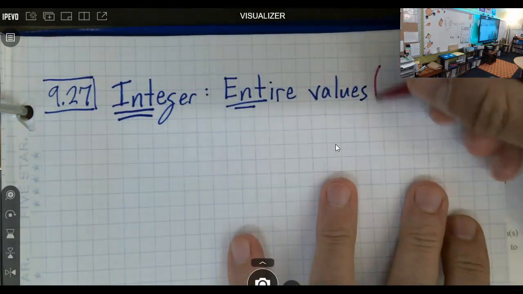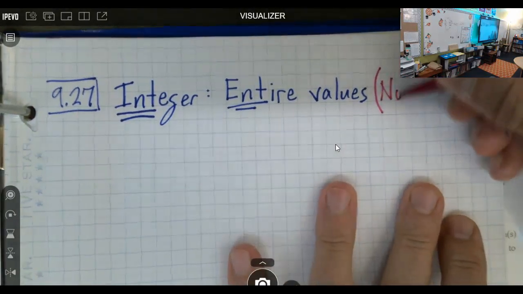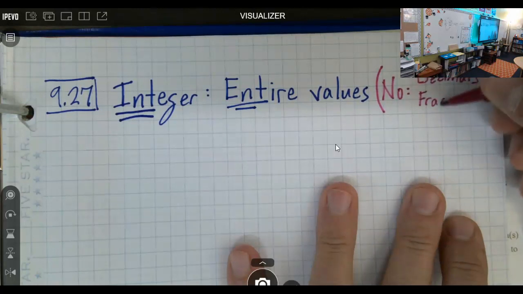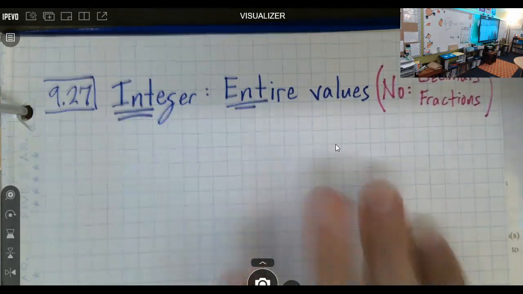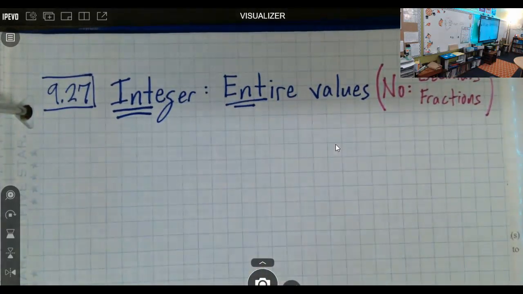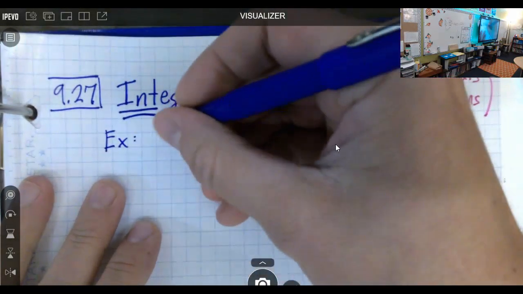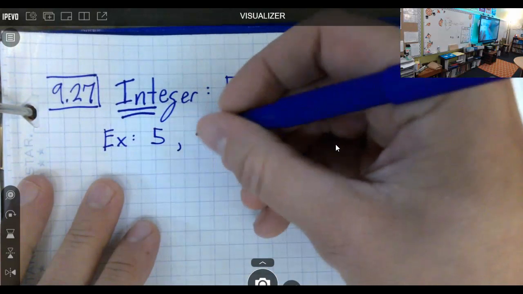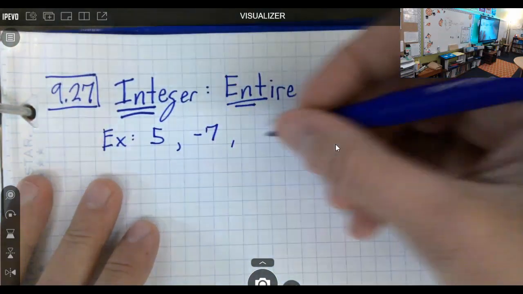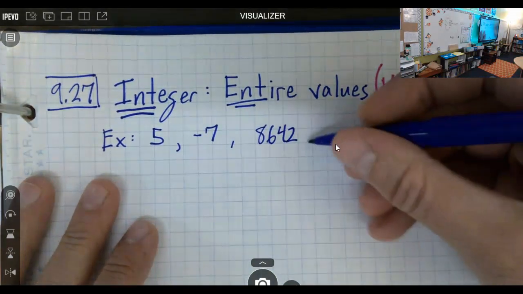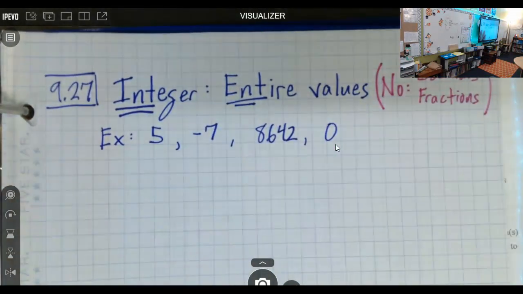So no decimals, no fractions. And then we could put a couple examples of integers. So like positive 5, negative 7, positive 8,642. 0 is even an integer.